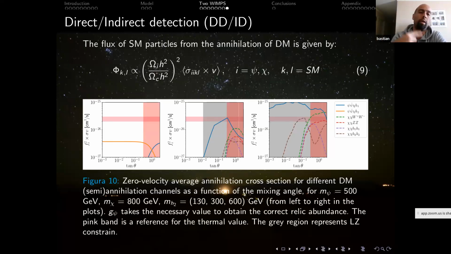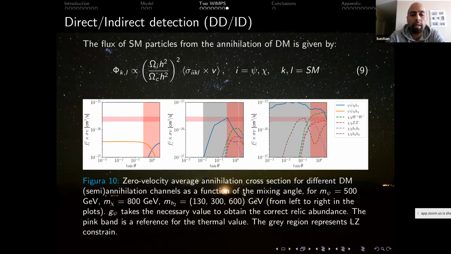In the previous slide you have seen that this spin-independent cross section was proportional to some factor that depends on the difference of the masses of the two scalars. So as long as they are more or less degenerate in mass, you can have some cancellation, and in that sense, direct detection can be reduced by that choice of parameters.